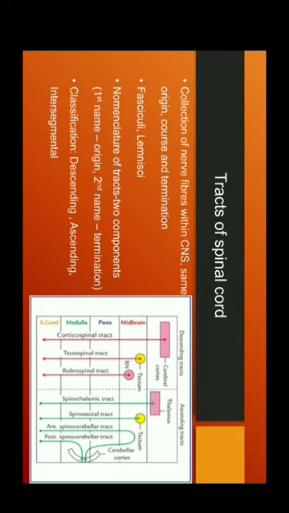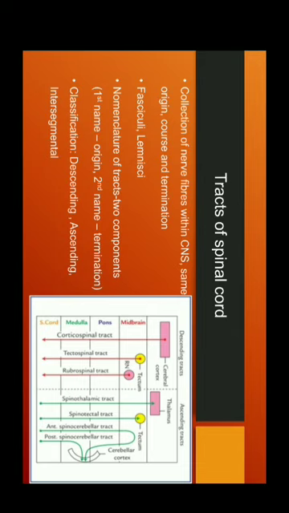These tracts are named by having two components. The first name will be its origin and the second name will be where it terminates. For example, corticospinal tract. The name corticospinal means the tract has originated from the cerebral cortex and terminated in the spinal cord.